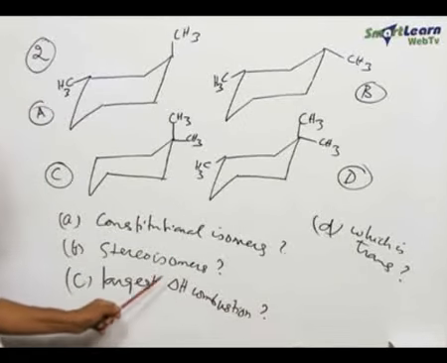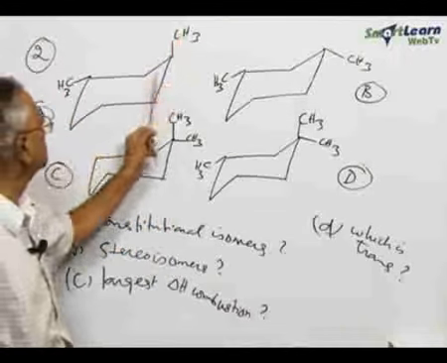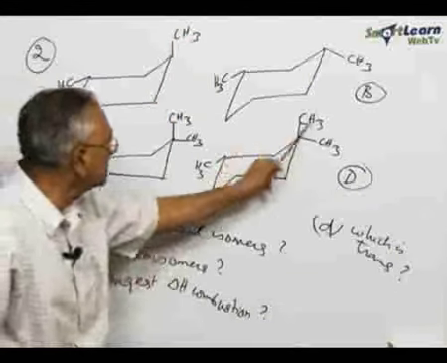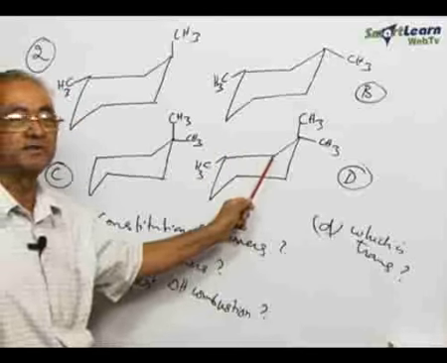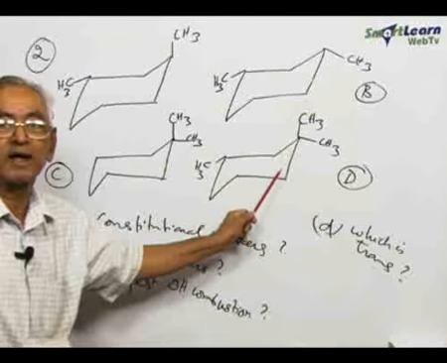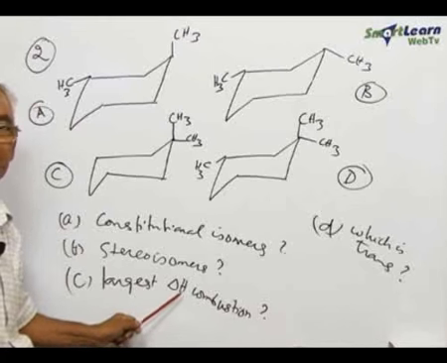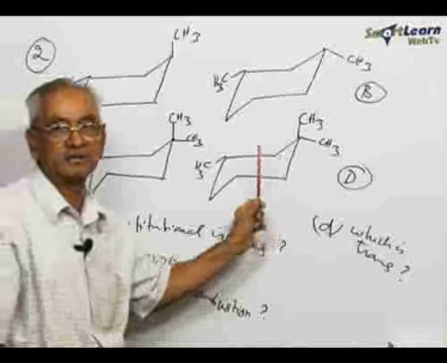D has the most, because in all the other cases the same cyclohexane ring has only two methyl groups, whereas here we have three methyl groups, so the molecular weight is up by 15 units. Therefore D has the highest heat of combustion value.